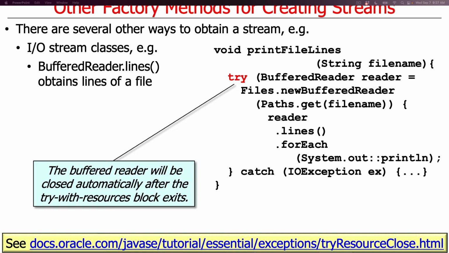And we want that to happen because we don't want to leak the resources. So the question here is, is try with resources somewhat like the finally block? Sort of, in the sense that finally always gets run no matter what, even if an exception is thrown. The difference here is what's always getting run is closing the object that was created in the try portion of try with resources.